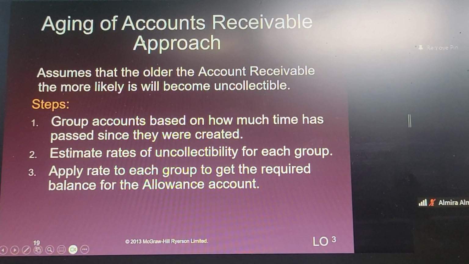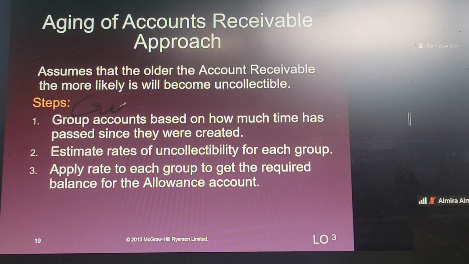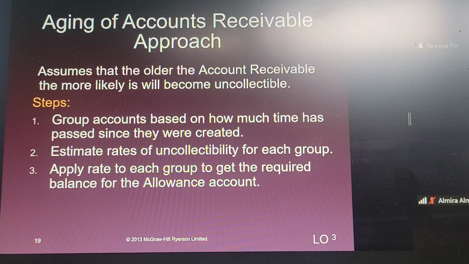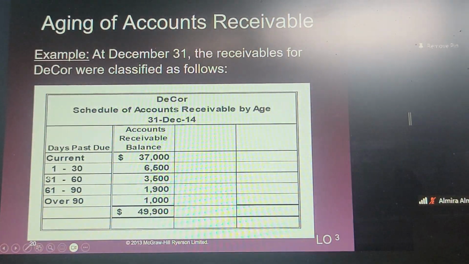In the sales method, I took credit sales by the percentage, and I can do the same thing with accounts receivable. But if it's asking you to do the aging method, then I have to classify the accounts receivable based on their age.